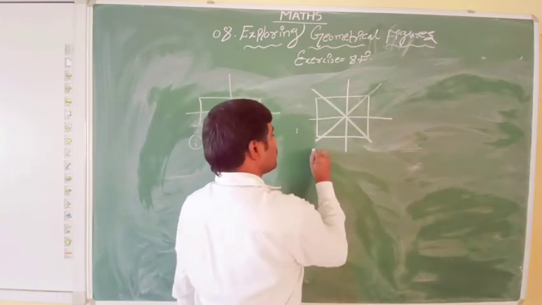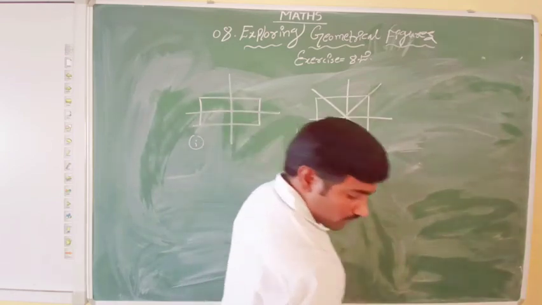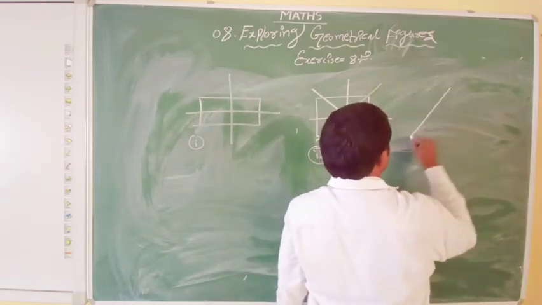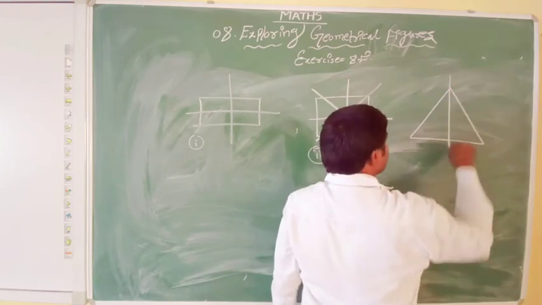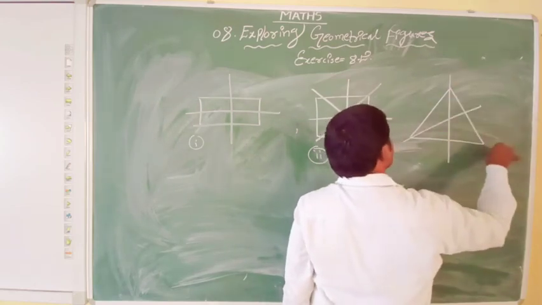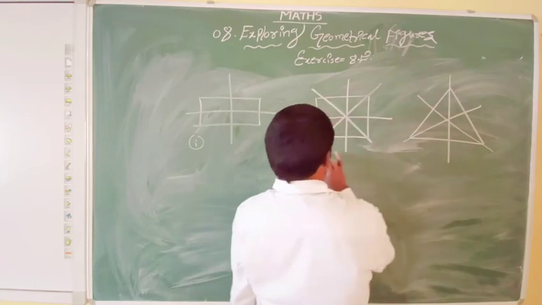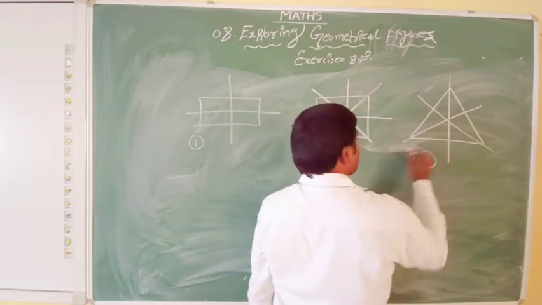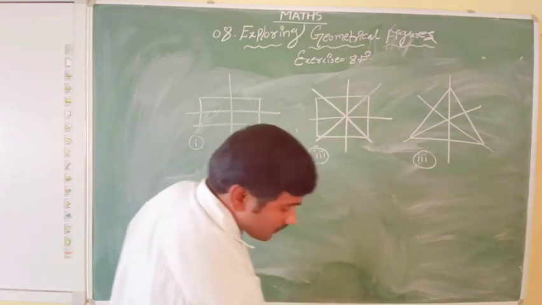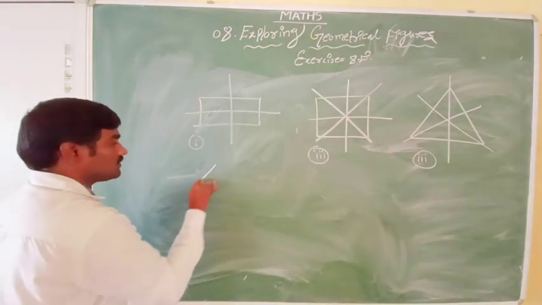In the second figure, I cannot draw more than one here. Triangle is the second one. All these are equilateral triangles. This is the third one. A pentagon is given next.